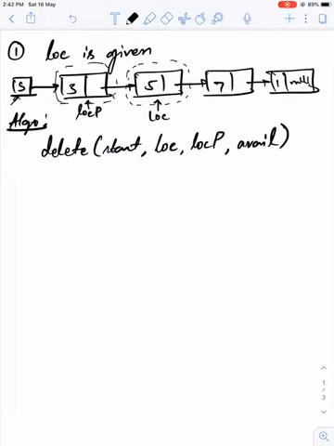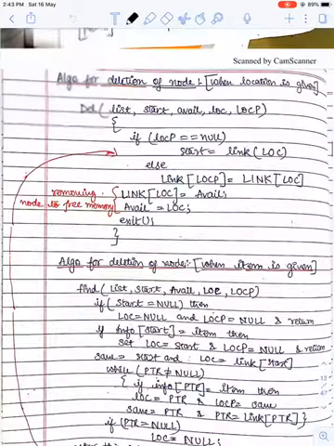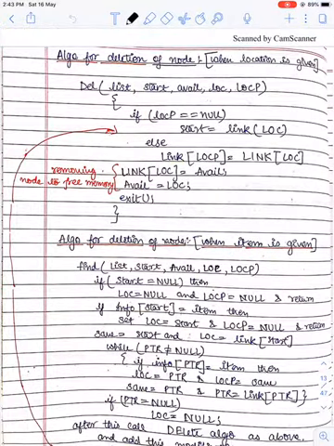So let us first discuss what each of these terms mean. Let us look at the nodes first, for clarity. Here also you can see this is the delete algo for deletion of a node when location is given. Okay, this is delete, this is the function name. It's taking list. I think it is linked list, but he won't use it.